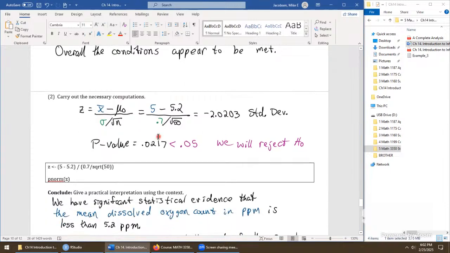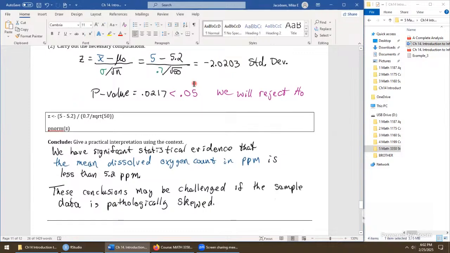When we measured that as a p-value, really all we had to say is p norm z, which is kind of convenient. The p-value is 0.0217, less than the significance level alpha. And so we were allowed to say we have significant statistical evidence. The mean dissolved oxygen count is less than 5.2 parts per million.